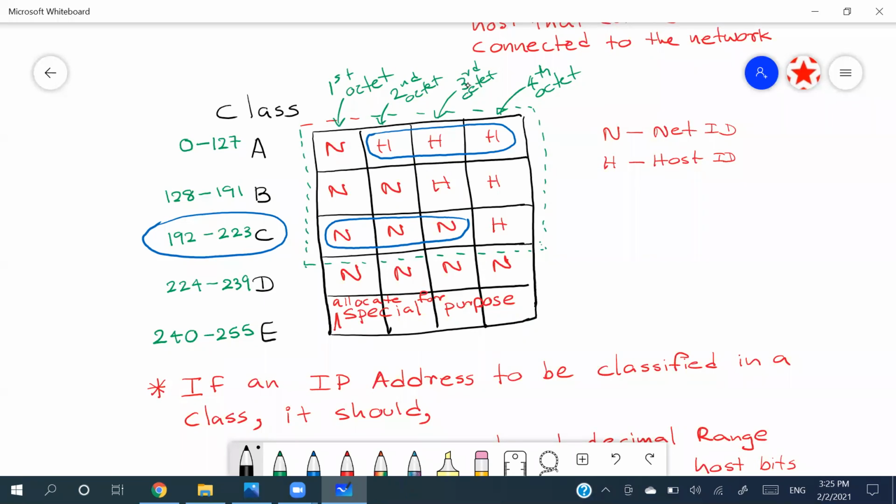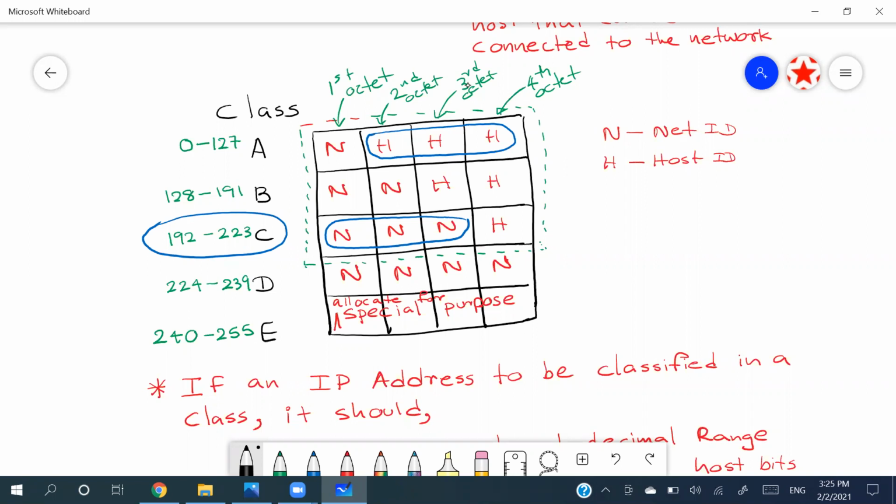So for net ID there are 8 bits, and for host ID there are 24 bits when it comes to class A. And when it comes to class B, there are 2 net ID octets, or in other words, 16 bits for net ID, and again 16 bits for host ID. And when it comes to class C, there are 3 octets for the net ID, and only 1 octet for the host ID.